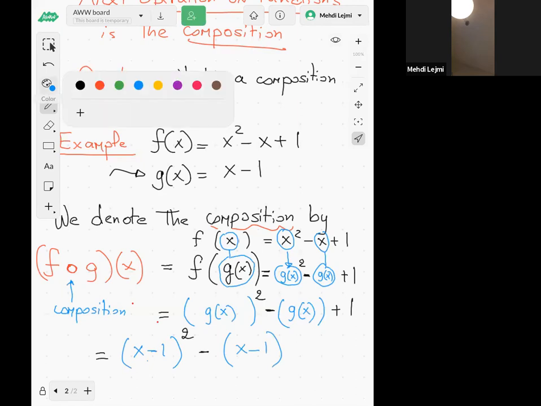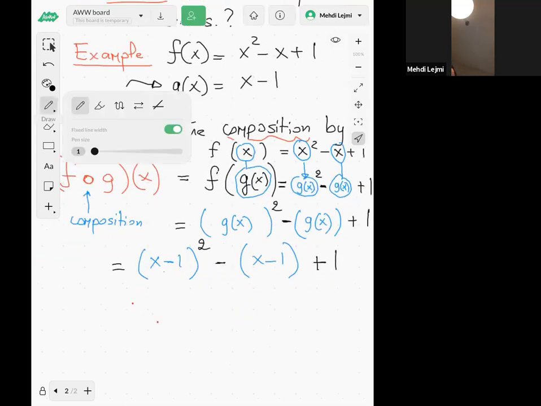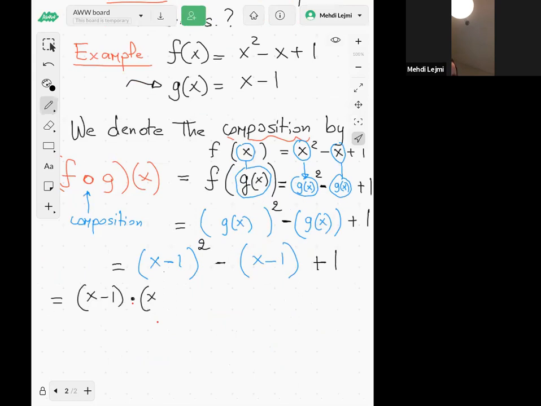All right, and then there's a plus 1. Now, of course, you have to compute this thing and simplify your answer. So this is like x minus 1 squared, x minus 1 times x minus 1, right? Minus another x minus 1 here, and there is this plus 1 here.